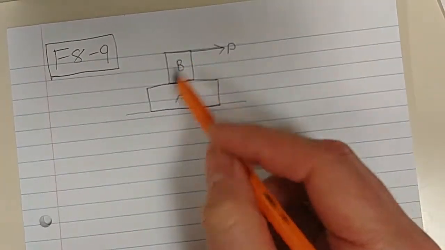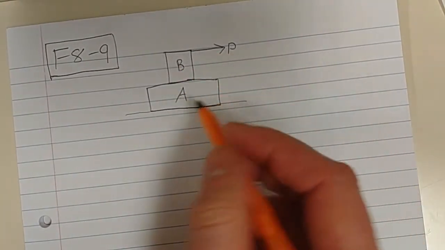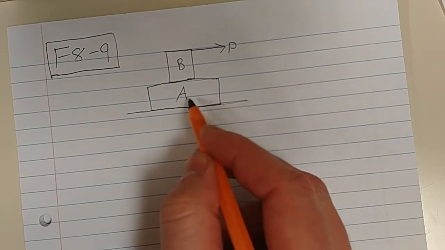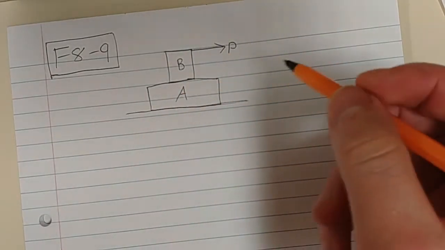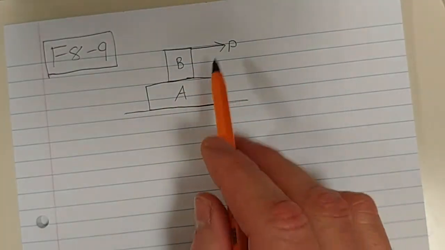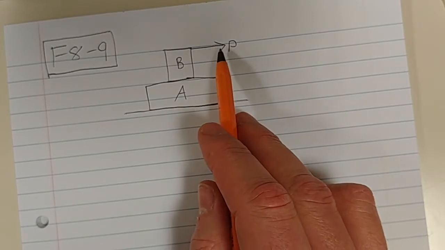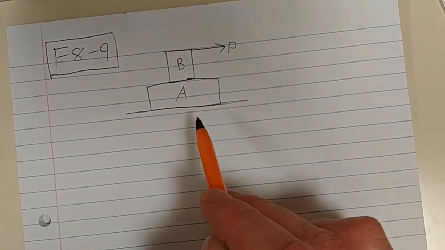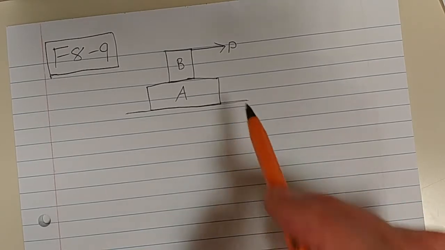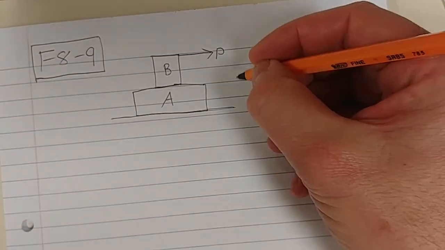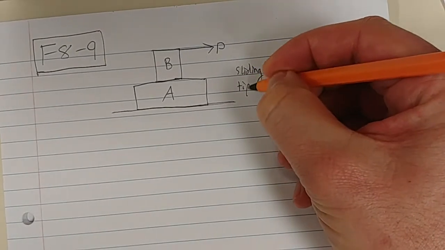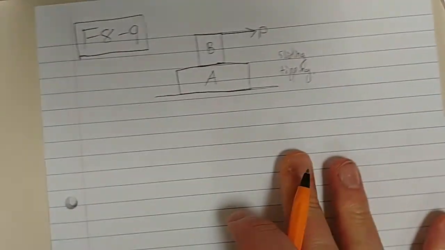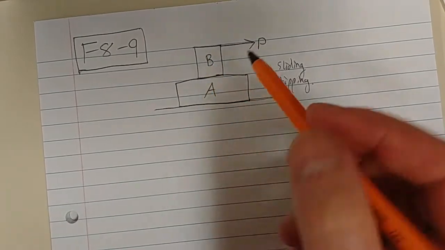So what are all the possible things that could happen to this setup with this force P and these two blocks? Remember it says causing motion. What is the largest force P we can apply without causing motion? The types of motion we've seen so far are sliding or slipping, and tipping.